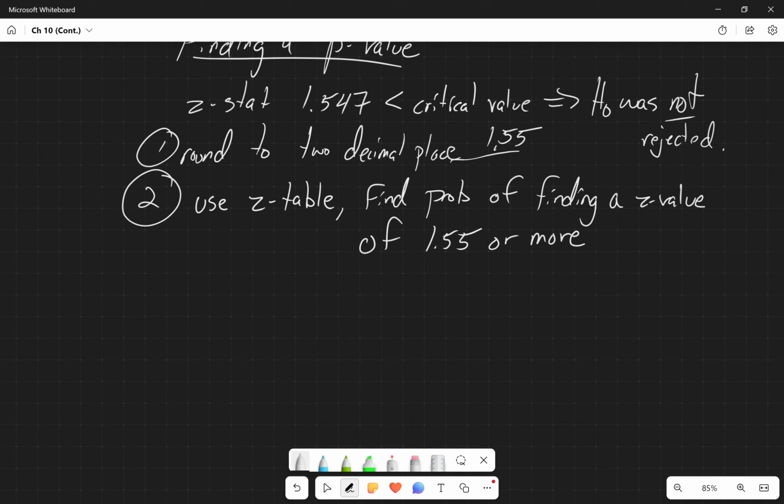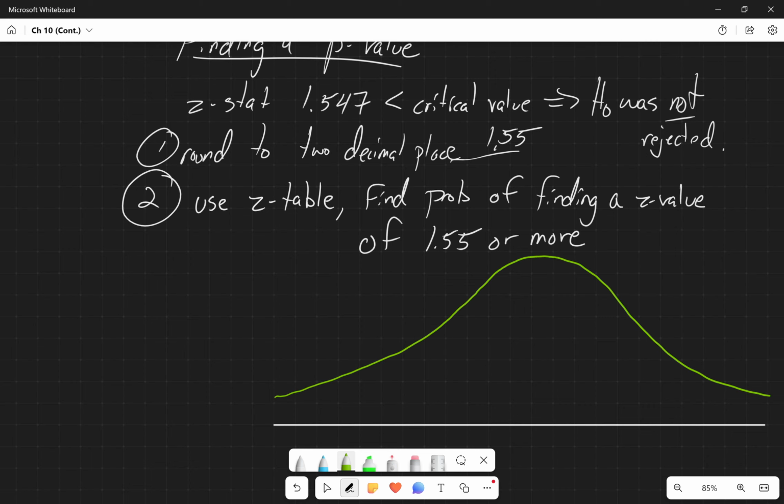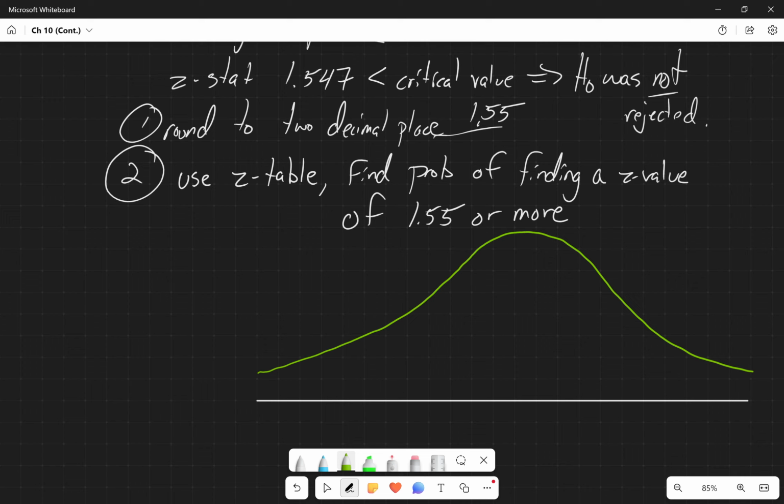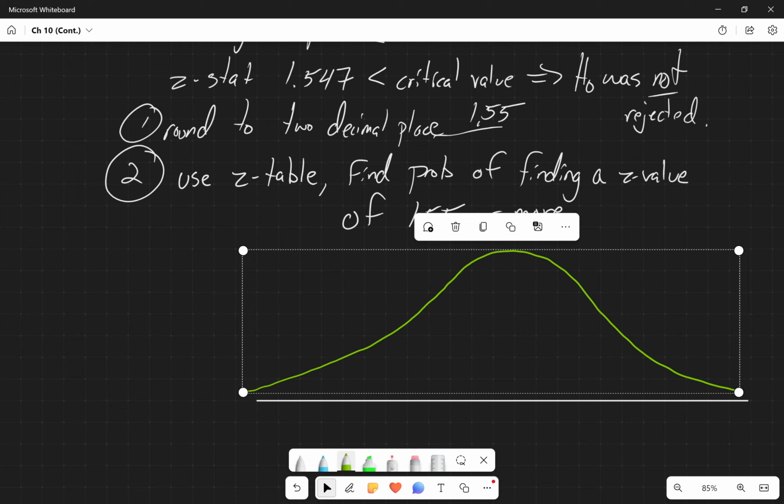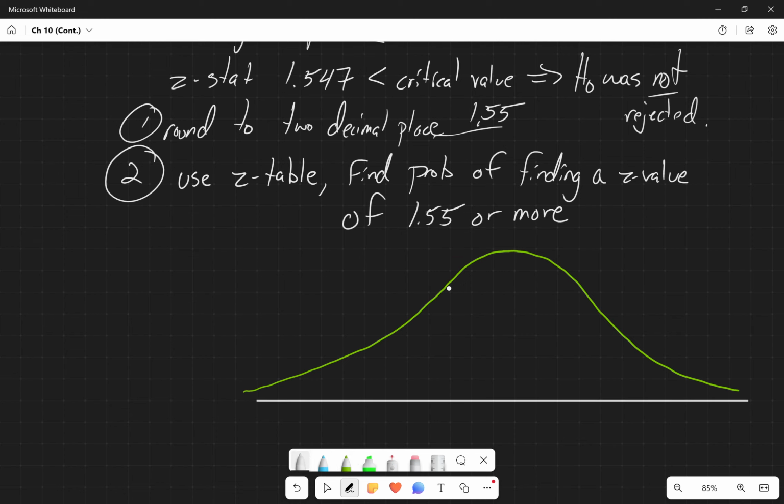And since this is a two-tailed test, let's go ahead and draw this out. As always, we've got a z-scale here, so down the middle is going to be 0.